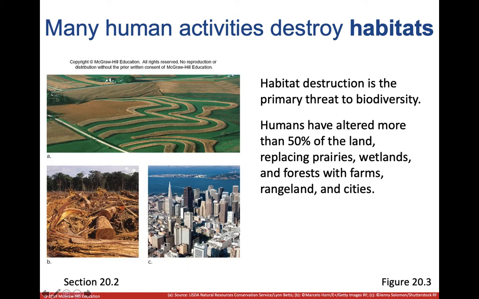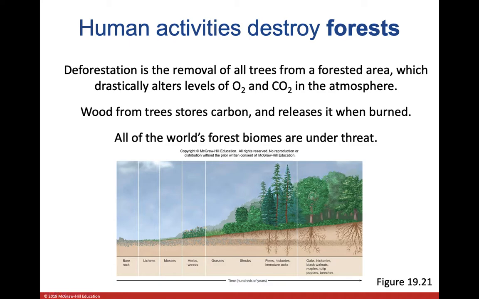So as we start to drain more of the environment, the organisms that naturally inhabit that environment either have to adapt, which some of them can, but most of them cannot, and they start to pay the price for that as well. So as we destroy the forest, we release tons of carbon dioxide into the environment.